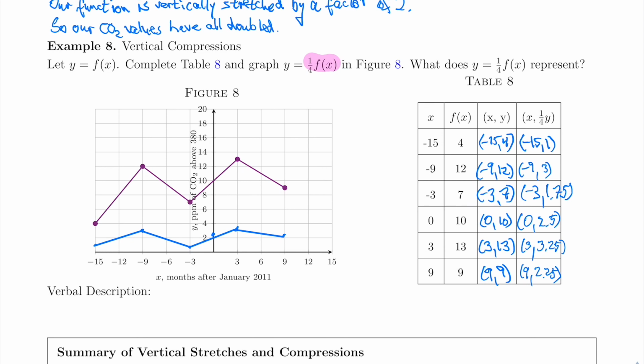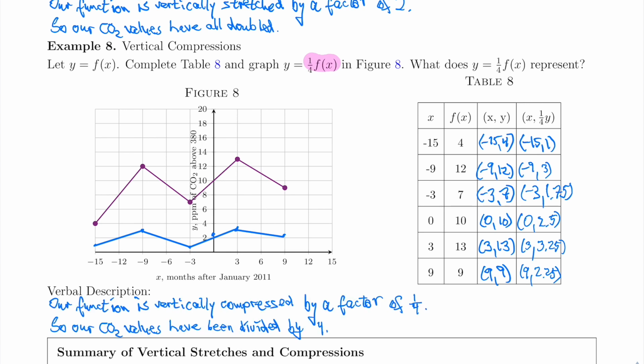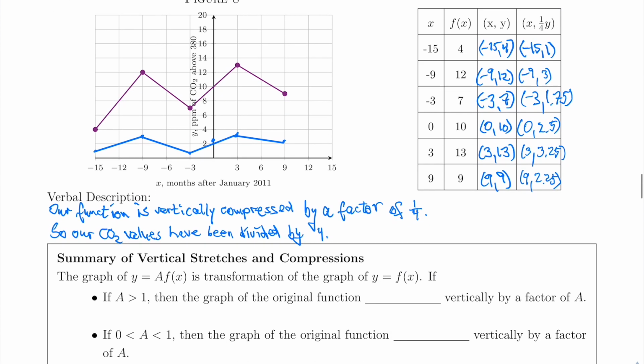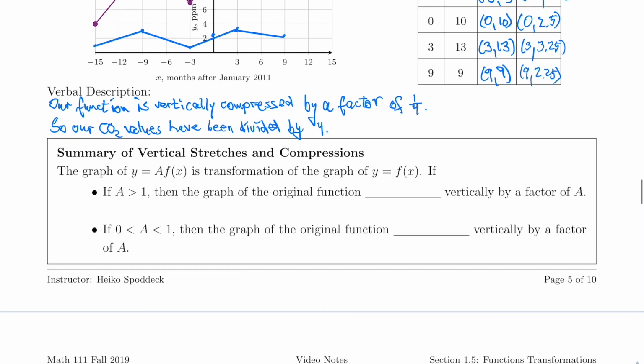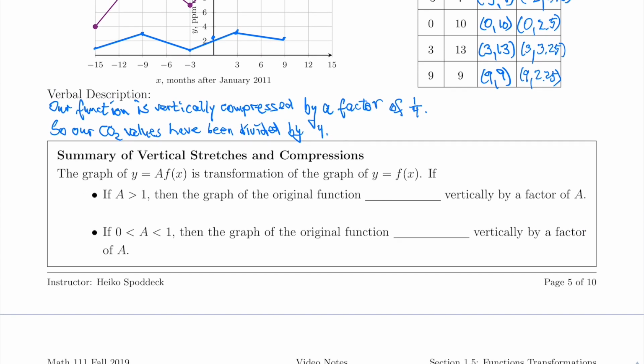But it is clear that it's the same graph, just divided by 4, so compressed by 4. So our function has been vertically compressed by a factor of 1/4, and therefore all our carbon dioxide values have been divided by 4.